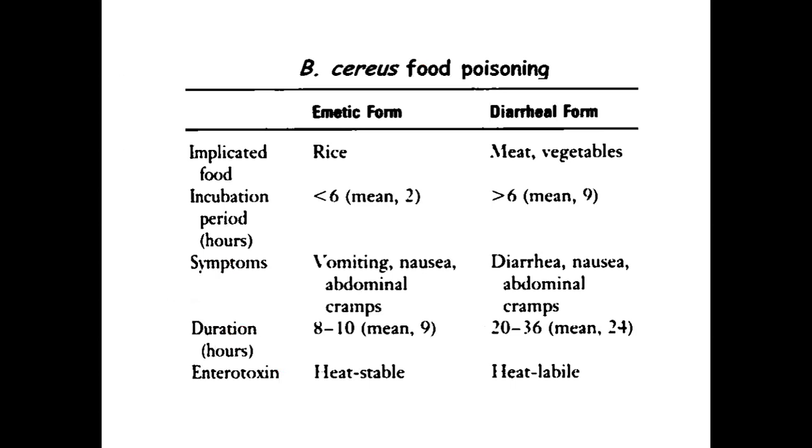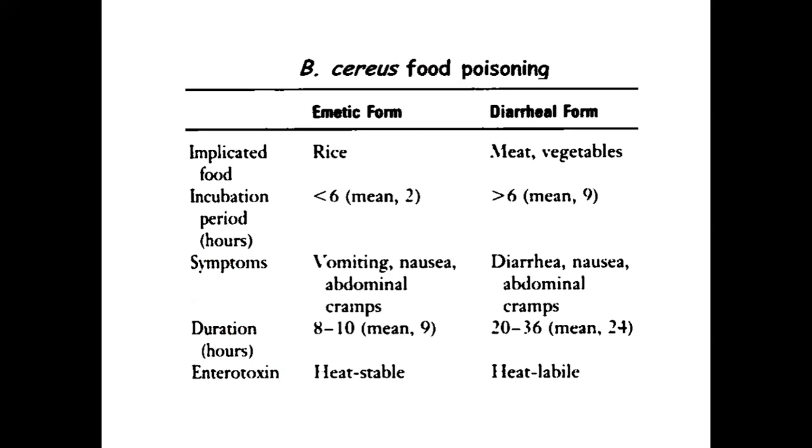So this table is contrasting the clinical forms of Bacillus food poisoning in terms of the implicated food, the incubation period, the symptoms, the duration from exposure to the first clinical symptoms, and the form of enterotoxin that is involved.